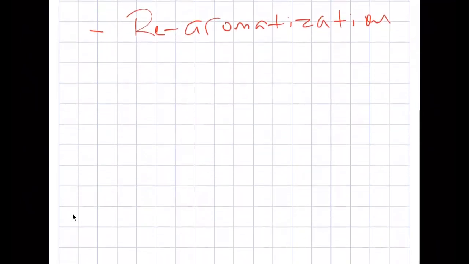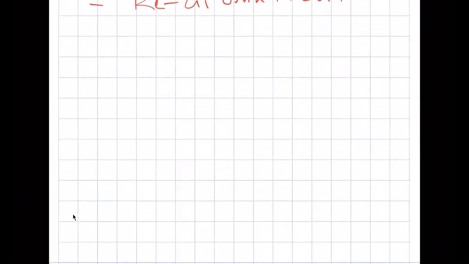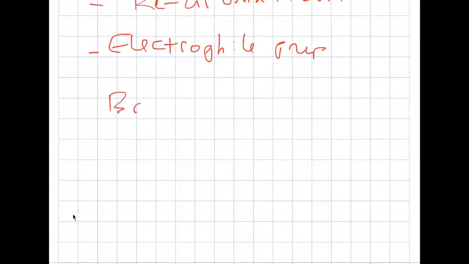I'm just going to rewrite it. So in that first step, here's bromine, and then it's actually going to form a complex.